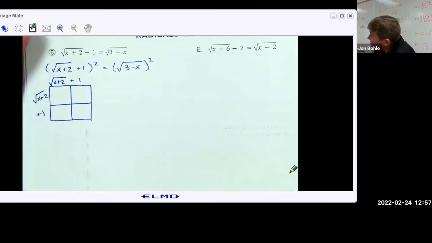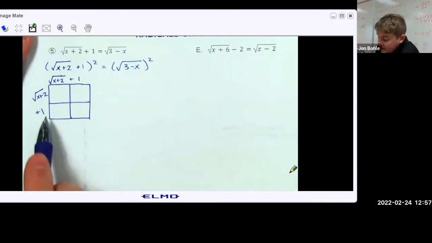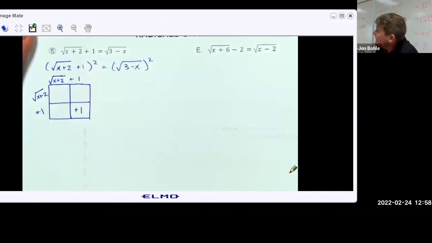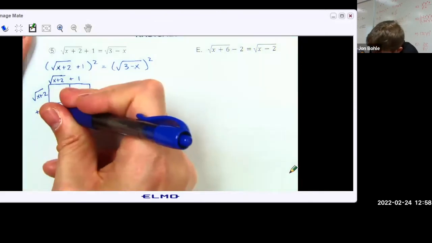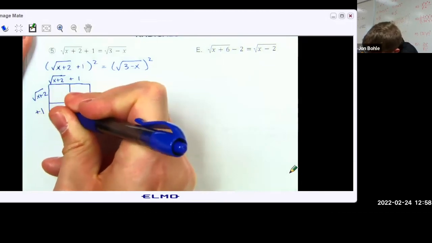So I'm going to start multiplying the parts together that I think are not overly difficult, such as 1 times 1. Or 1 times the square root of x plus 2 is positive 1 square root of x plus 2.